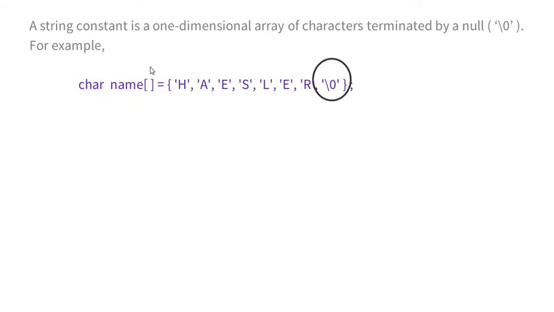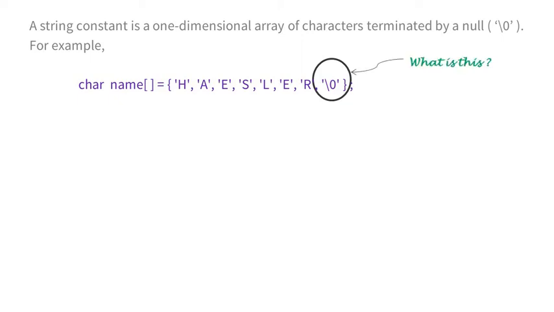This is an array definition: the rectangular braces represent that it is an array. Inside this array we are initializing it with these characters, and the name of this character array is name. These are all the elements of this array, or the string itself.